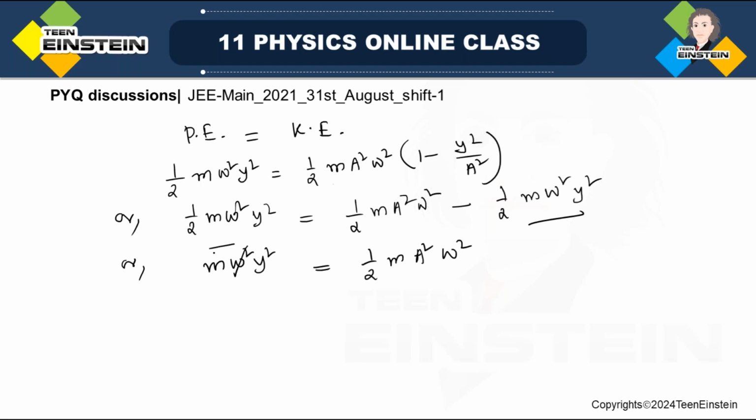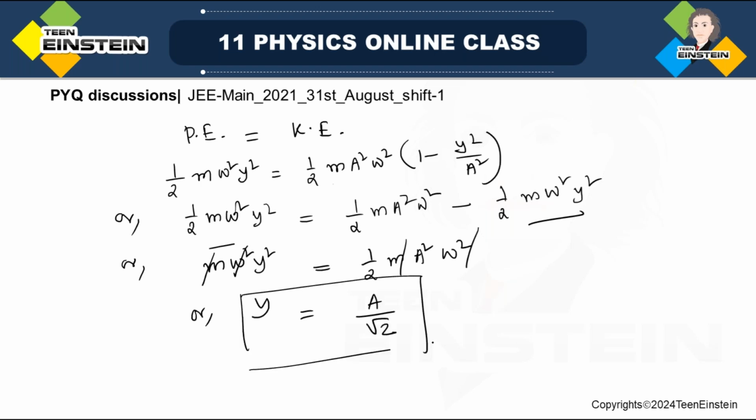Then m omega square I can cancel from each side. Then what I get, y, the displacement at which the potential energy and kinetic energy will be equal, is becoming a by root 2. So this is the displacement.